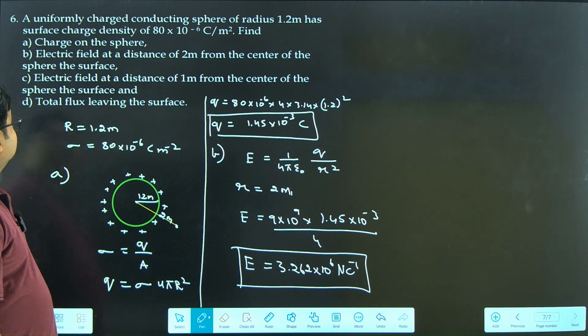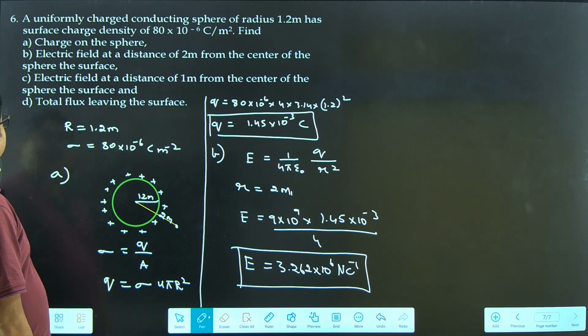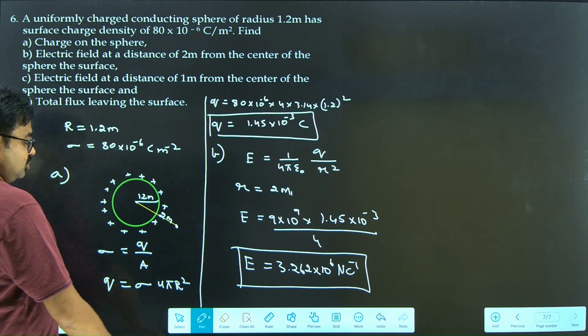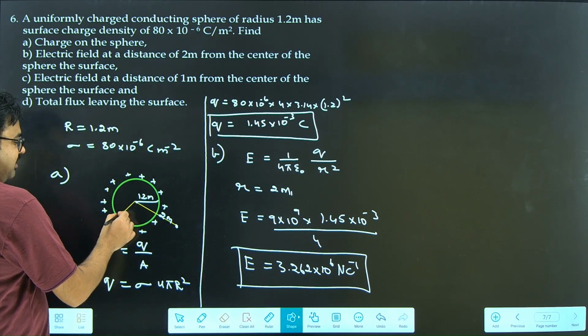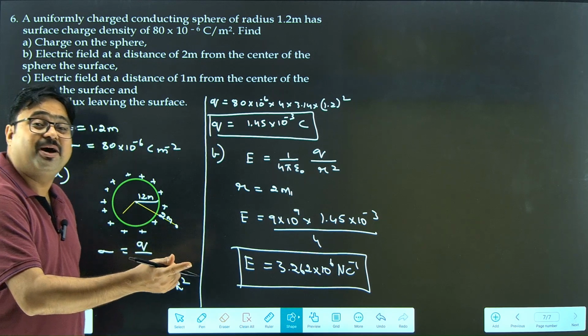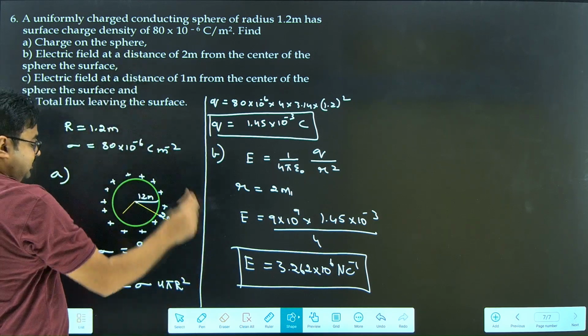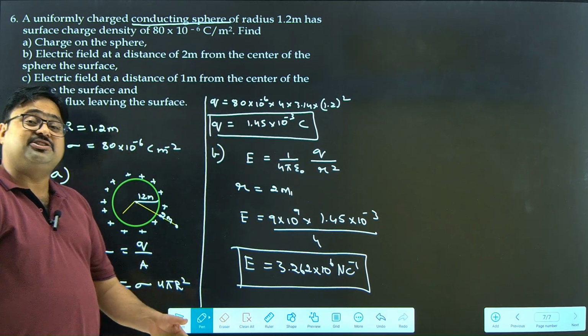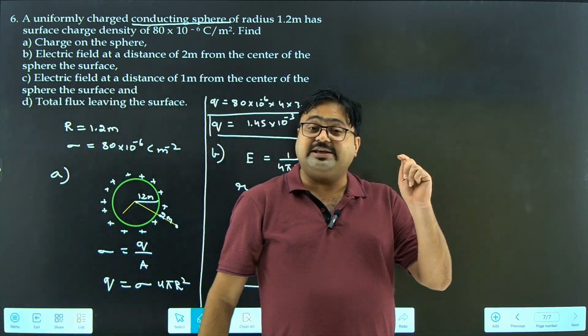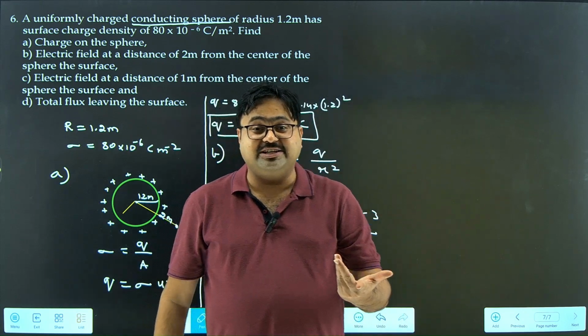Let's look at the next question. The electric field at a distance of 1 meter. So now you are asking me to calculate the electric field at a distance of 1 meter. The actual radius is 1.2, but it's a conducting sphere. If it's a conducting sphere, my friends, at any point inside the conductor, the electric field is 0.